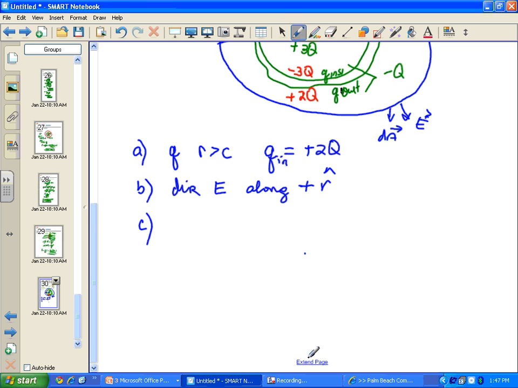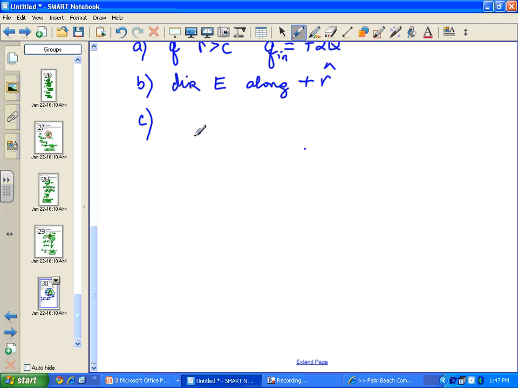In part C, we're asked to determine the value of the electric field. Let's go ahead and work with Gauss's law. We know that the area of the Gaussian surface is 4 pi r squared, and the charge inside is plus 2Q divided by epsilon naught.